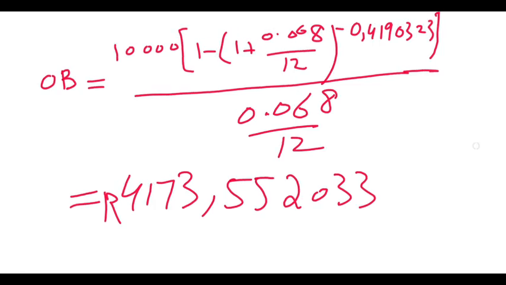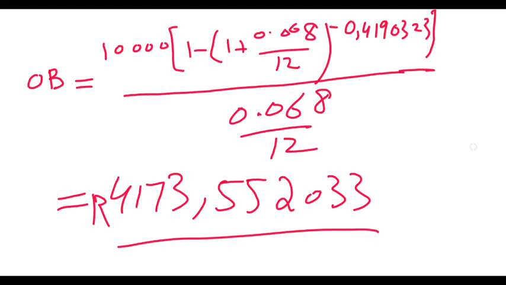So we have to calculate the value of the lesser payment because we have one lesser payment. First of all we need to calculate the outstanding balance after the last full payment, which is payment 129. And obviously there is this left-over decimal, 0.4190323. For the final payment we have to apply the compound interest formula, and then this will be our initial amount.